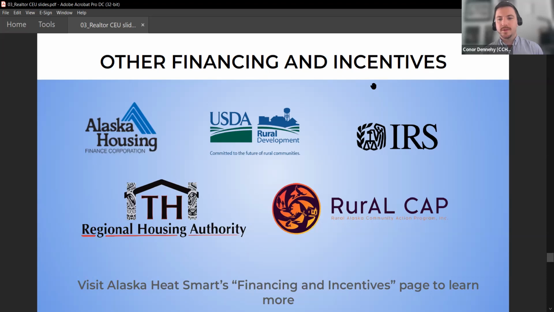And so you might find for some of your clients that are outside of the municipalities, even if it's like a small business. So the USDA does a lot of small business stuff. So you might be able to encourage some of them to look into this, and they can pair energy efficiency upgrades with heat pumps and all of that together. So the USDA would be a really good resource for that.